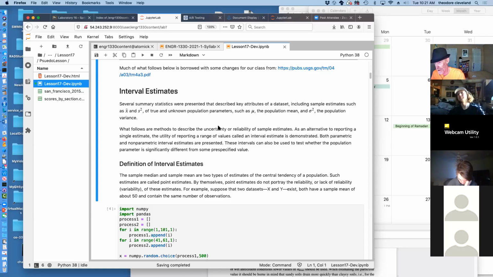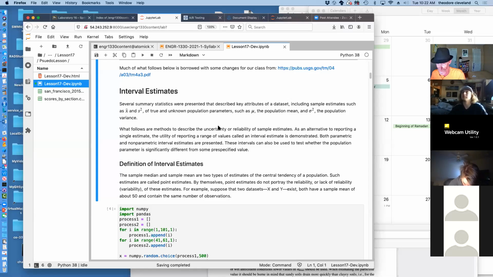In the population parameter world, we switch to Greek letters of the alphabet because they're hard to draw. So mu is the population mean. X bar is the sample mean. Sigma squared is the population variance. S squared is the sample variance. I forget what the symbol for population skew is, and so forth.